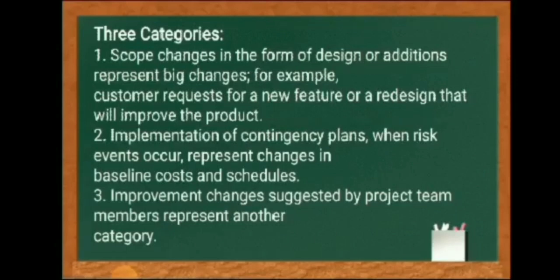For example, a customer request for a new feature or design that will improve the product. Number 2, implementation of contingency plans when risk events occur, corresponding to changes in baseline costs and schedules.